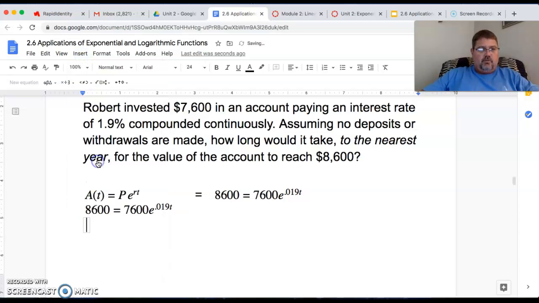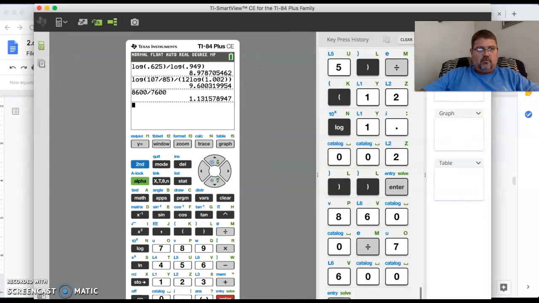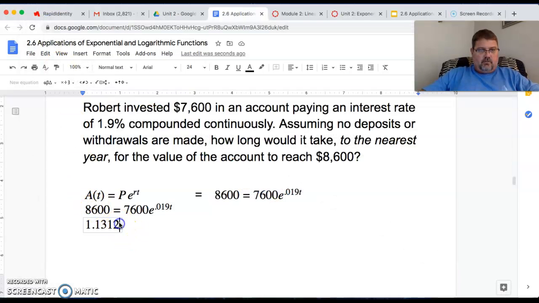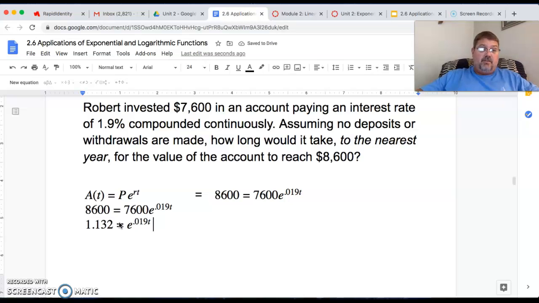So we'll call this 1.1312 equals e raised to the 0.019t.